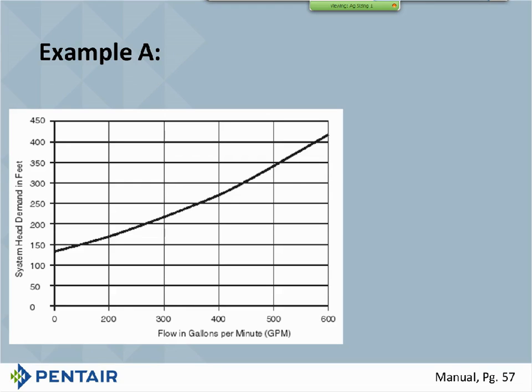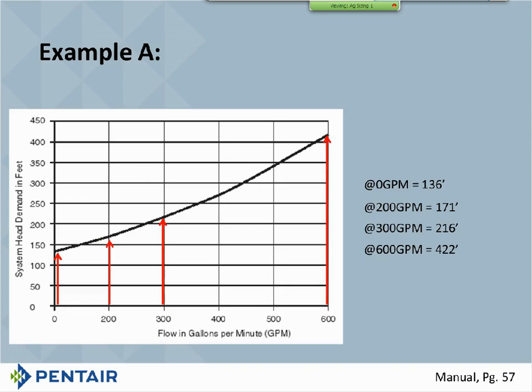How does it do that? Well, notice here in our chart, right there, we're at 0 gallons a minute, 136 feet of head. The next one we said was 200 gallons a minute at 171, then 300 at 216. We went all the way over to 600 at 422. If we take our pump curve, this is our system curve.